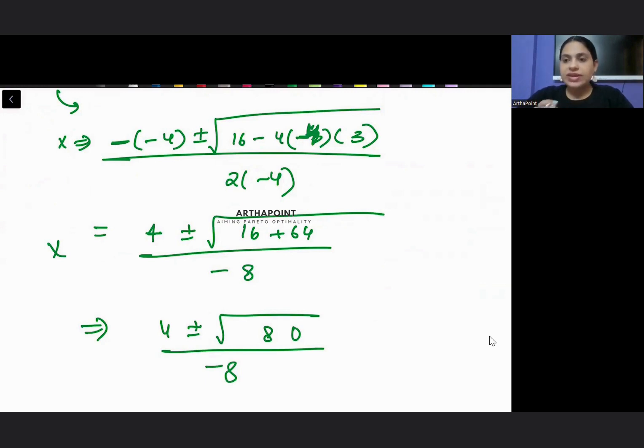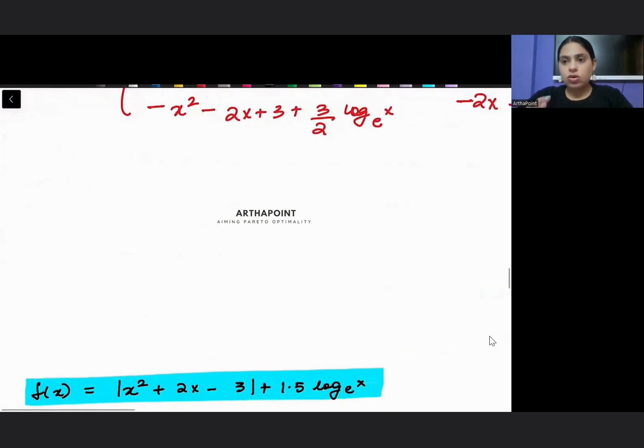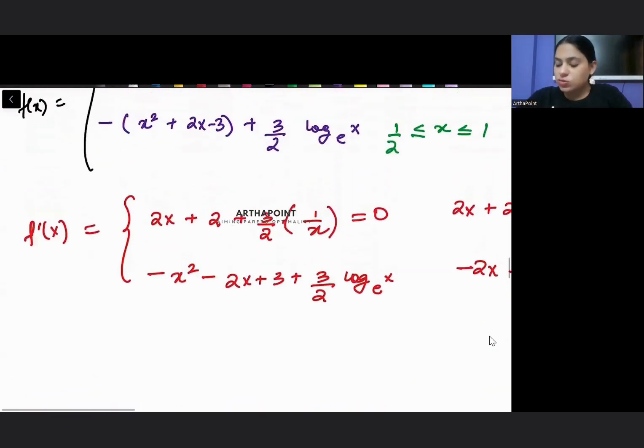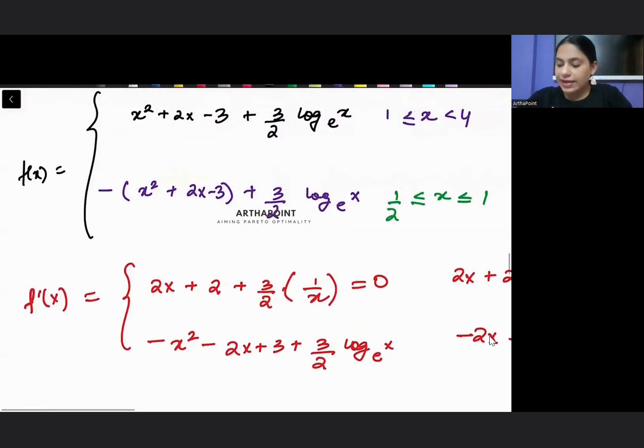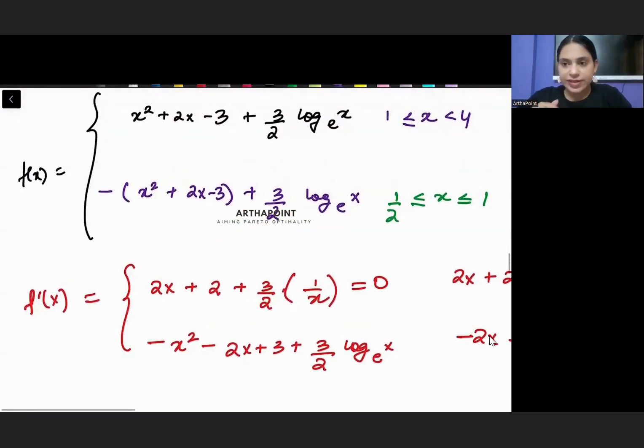Now, here is what is wrong with following this approach. Although I have been able to find the derivative, so I'm checking where the function is changing its value, I am not checking what happens at the extremum points.